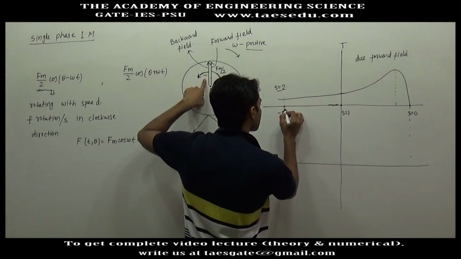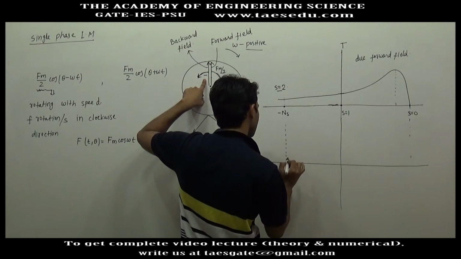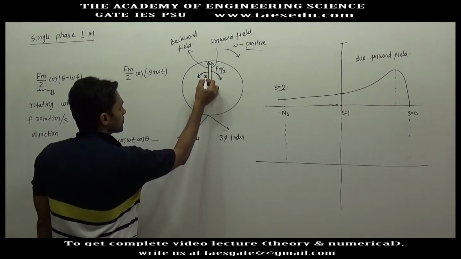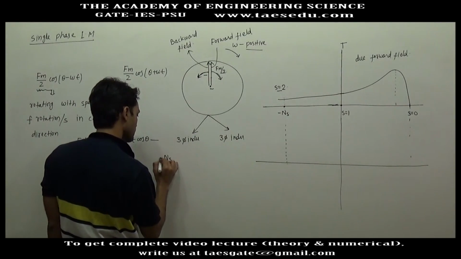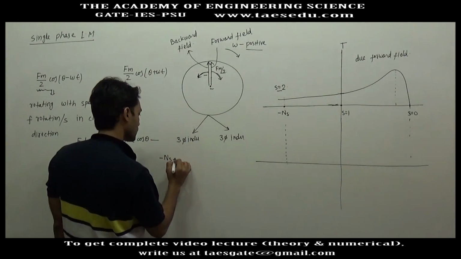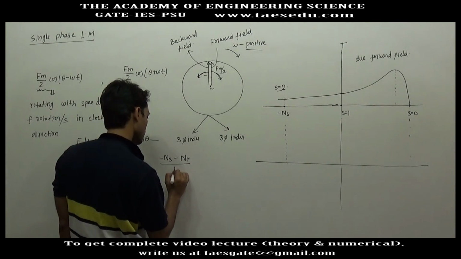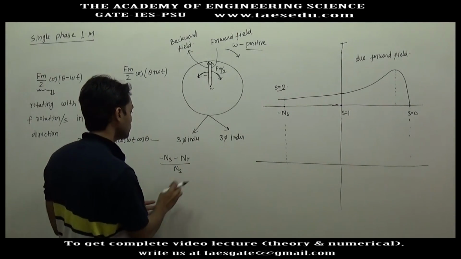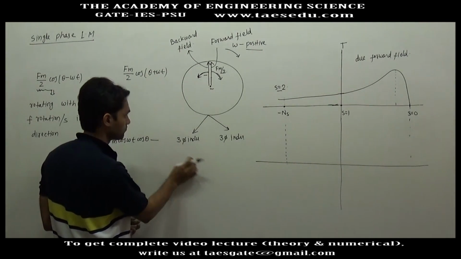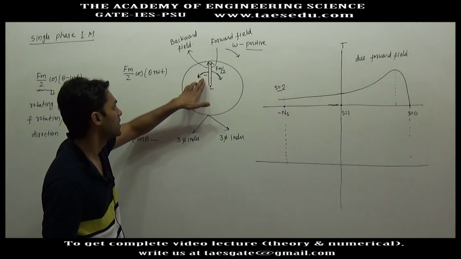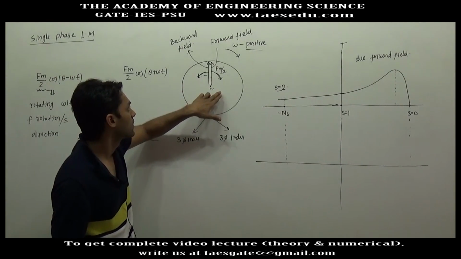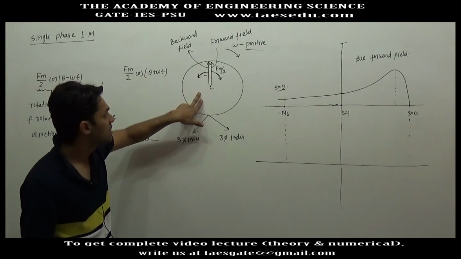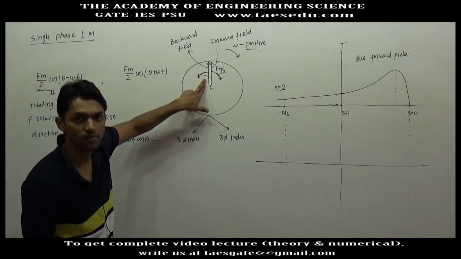So in this case, if rotor rotates, for this field the synchronous speed is minus ns, and slip is minus ns minus nr divided by ns. Or we can understand it this way: if rotor rotates with speed ns in anti-clockwise direction, the relative speed between rotor and backward field will be 0.